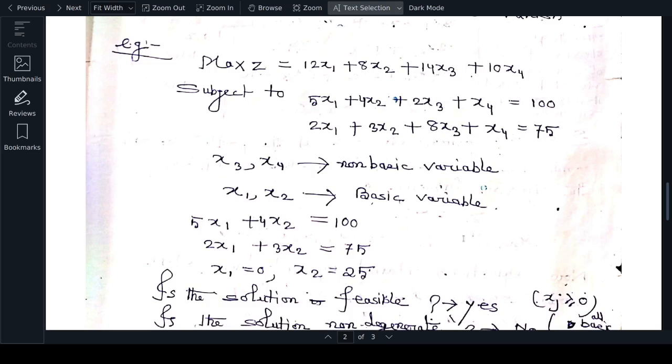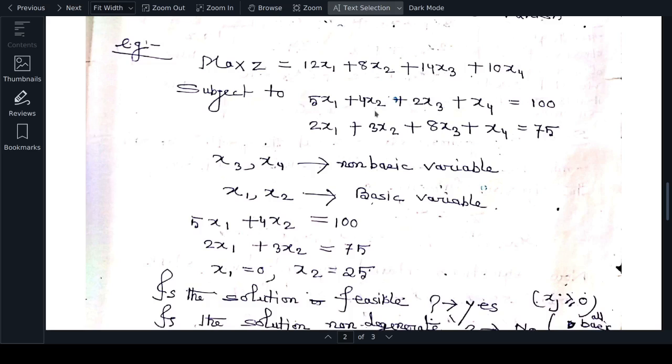We will not see x3 and x4, because x3 and x4 are non-basic variables. Among the basic variables, we will see whether it is degenerate or non-degenerate. We will not see the non-basic variables, only the basic variables.